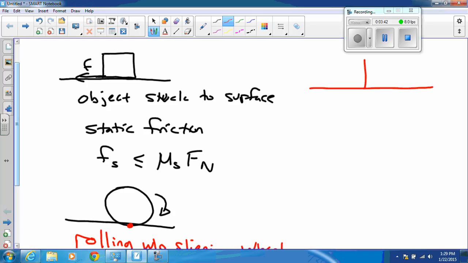Now, by contrast, if you have an object that's in motion that is sliding past a surface, then that object is going to experience a frictional force of motion, or kinesis, and therefore you have kinetic friction.